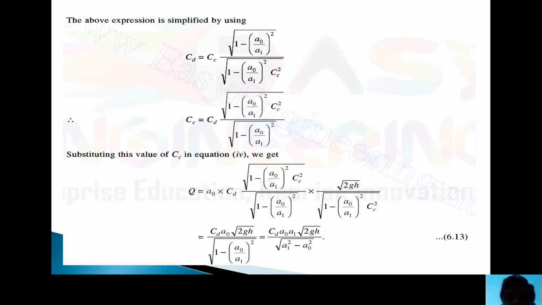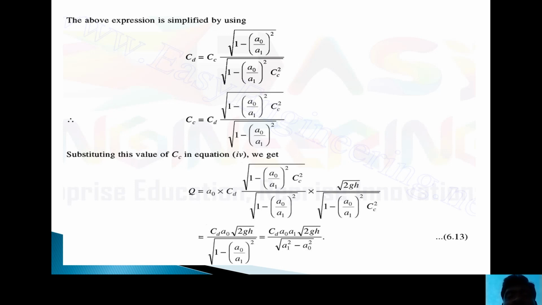The coefficient of discharge Cd equal to Cc into root of 1 minus A0 by A1 whole square divided by root of 1 minus A0 by A1 whole square into Cc square. Therefore Cc equal to Cd into root of 1 minus A0 by A1 whole square into Cc square divided by root of 1 minus A0 by A1 whole square.